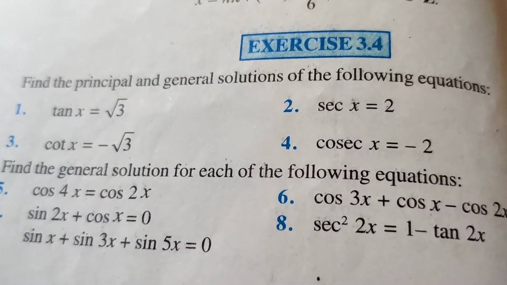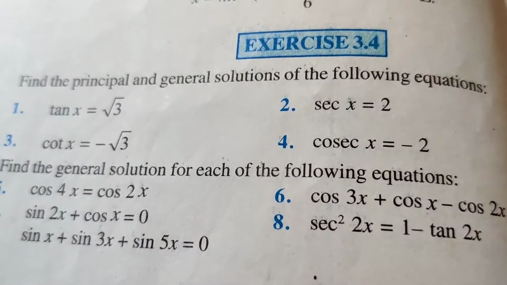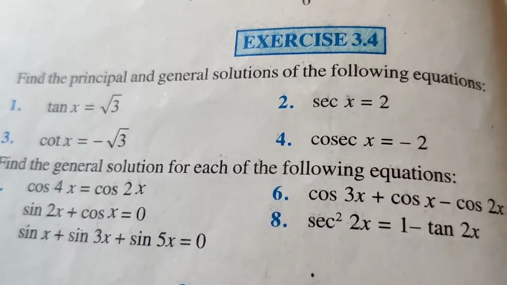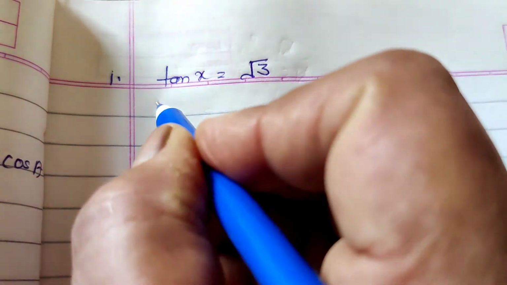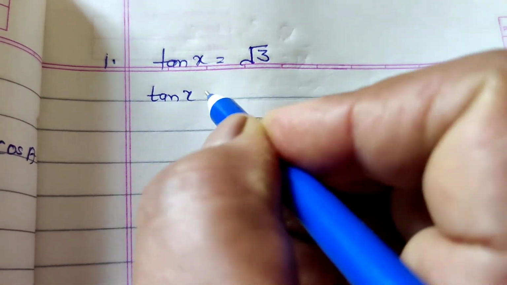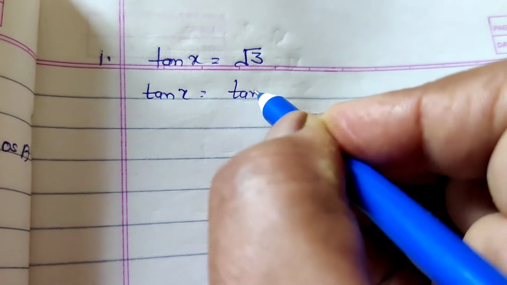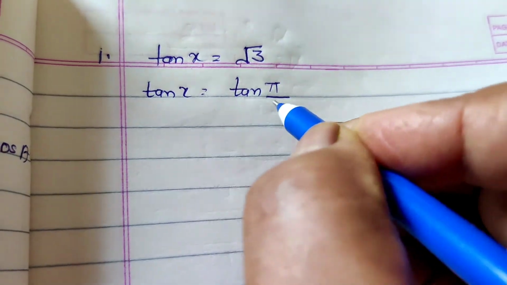And tan is positive in the first and third quadrants. Tan x equals root 3, so we can write tan x equals tan pi by 3.